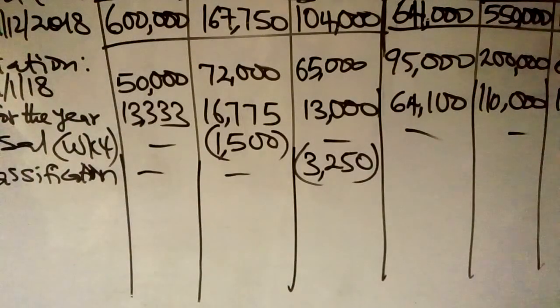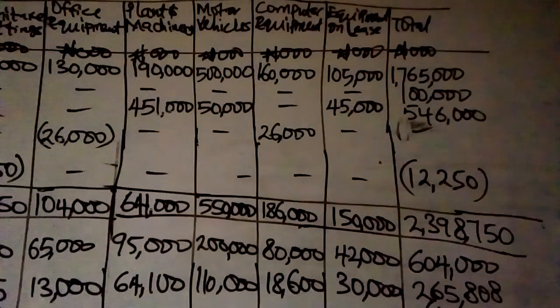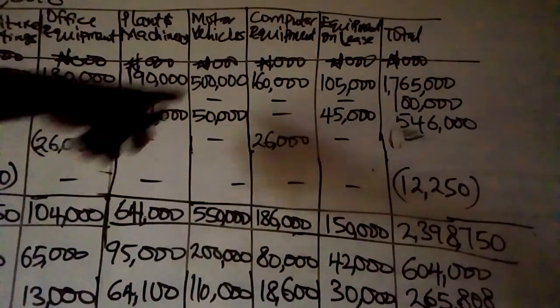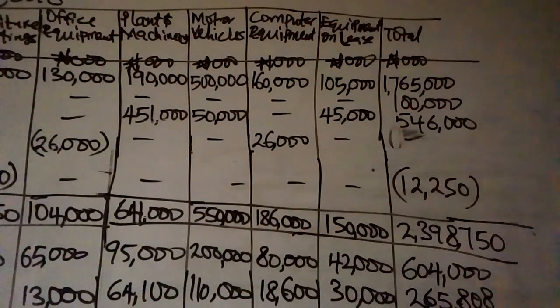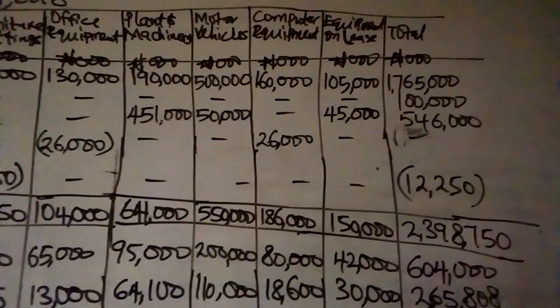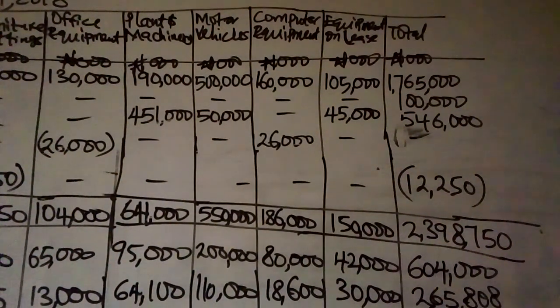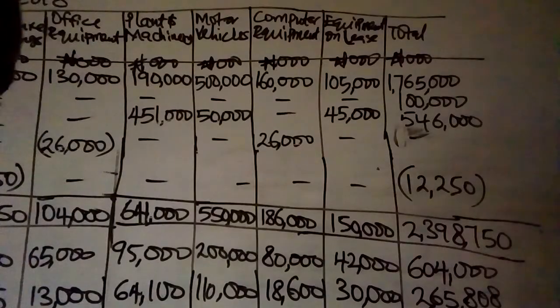And that same asset that was reclassified from office equipment as computer equipment is coming into computer equipment. That is why we have it as positive in computer equipment. Then the depreciation now that will be charged also will be held positive. You are going to add it.